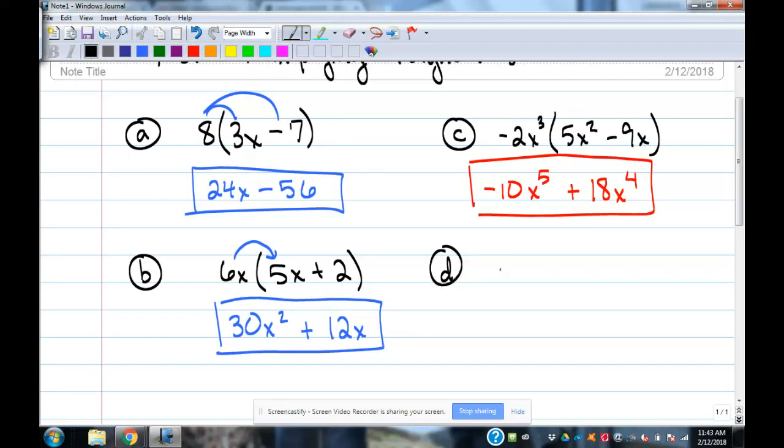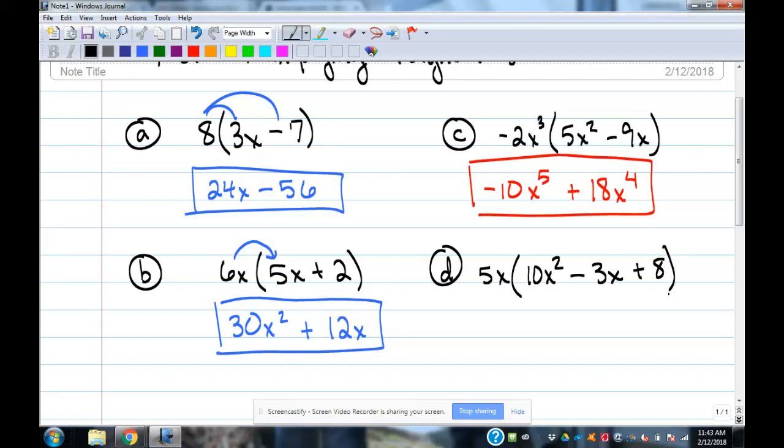Let's say we had 5x parentheses 10x squared minus 3x plus 8. What property is that?